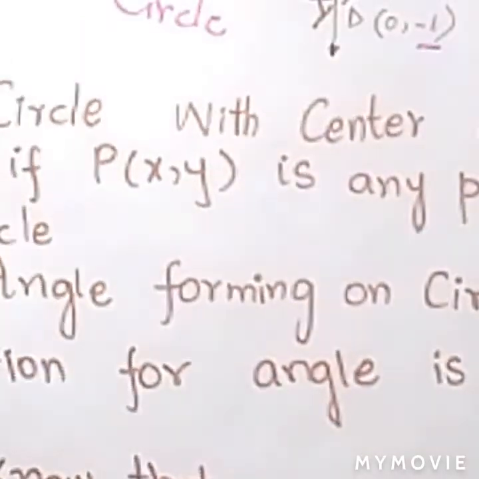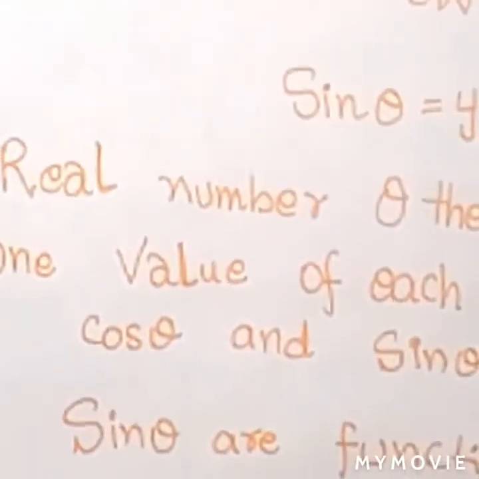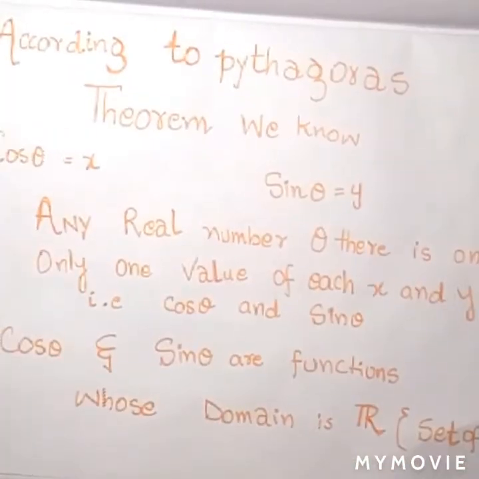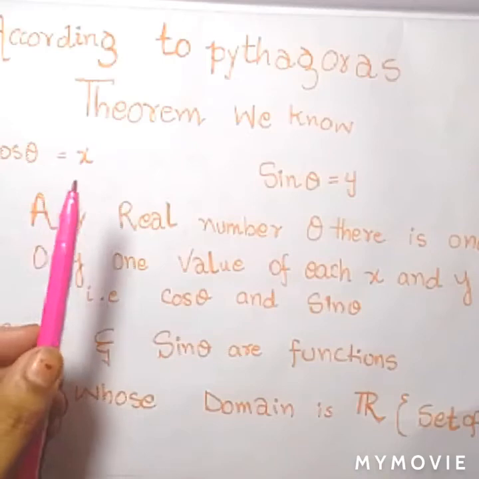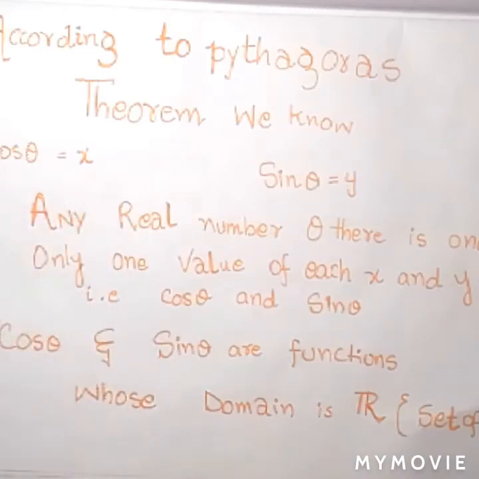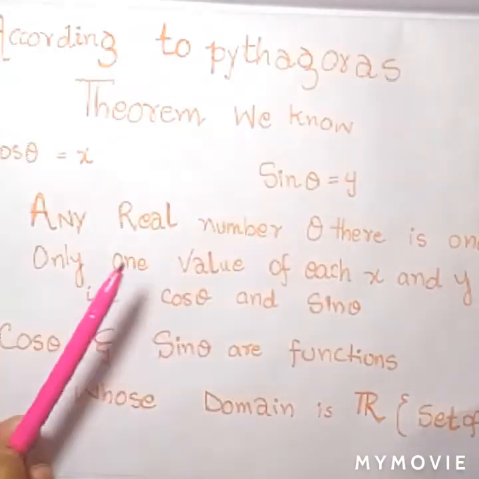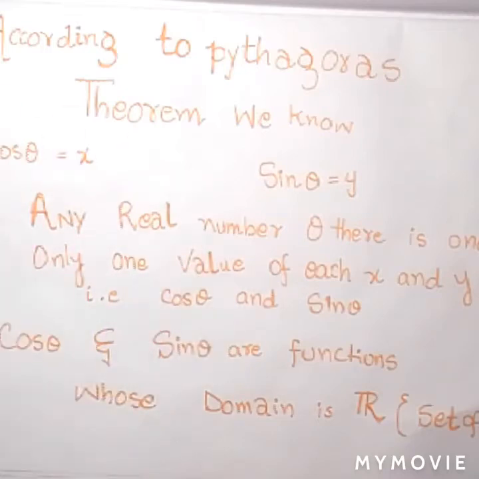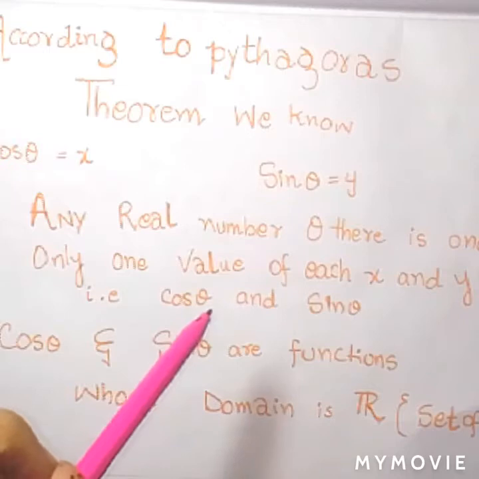Then for the standard things, according to the Pythagoras theorem, the horizontal lines make angle with the cos and the vertical lines make angle with the sine. For any real number theta, there is one and only one value for each x and y, that is cos theta and sin theta.